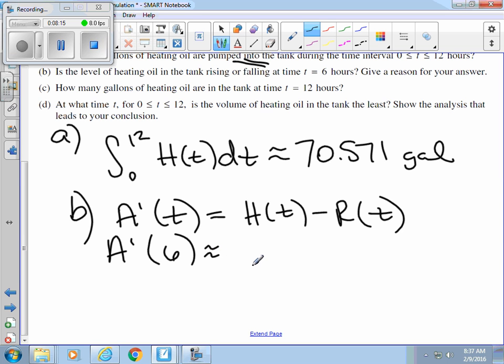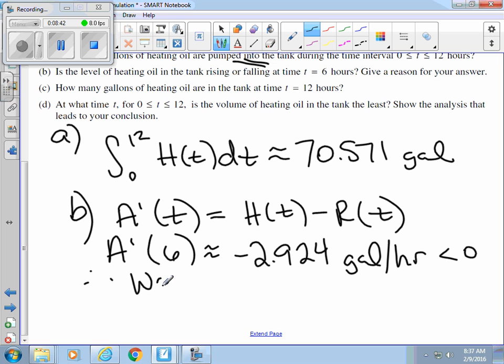Which is approximately negative 2.924 gallons per hour. You would get away with this one not writing the units, but we'll just always be careful about that. What does that mean? It's less than 0.